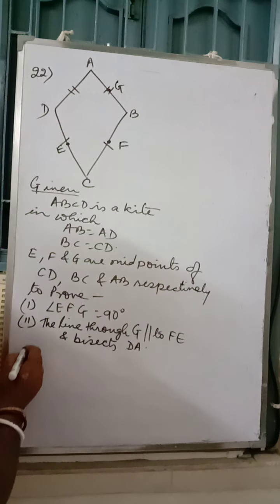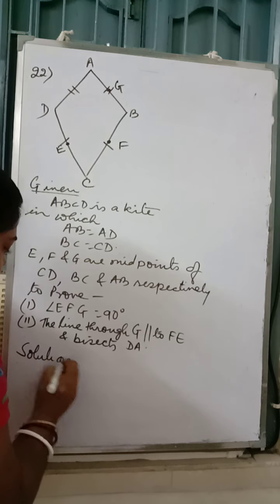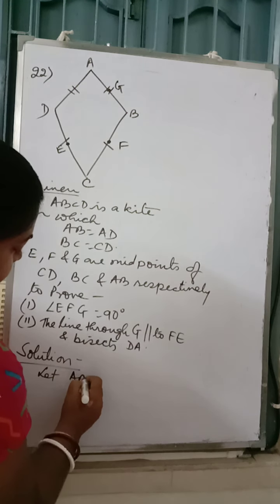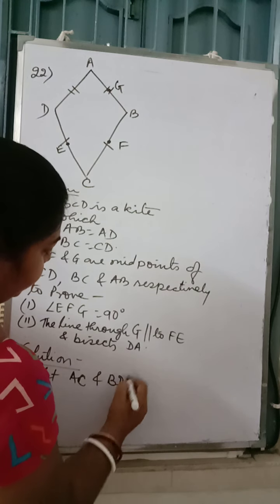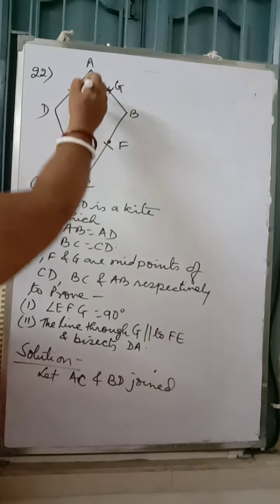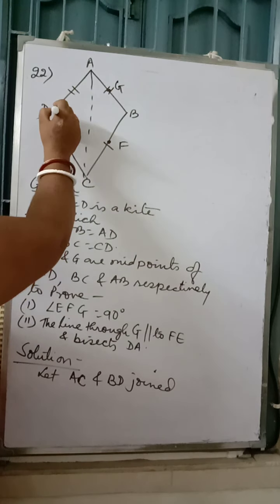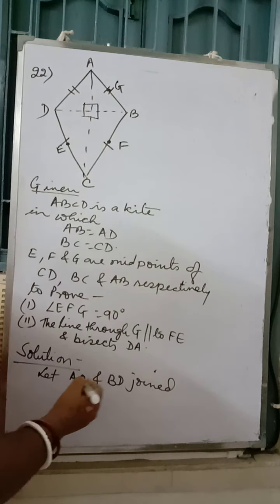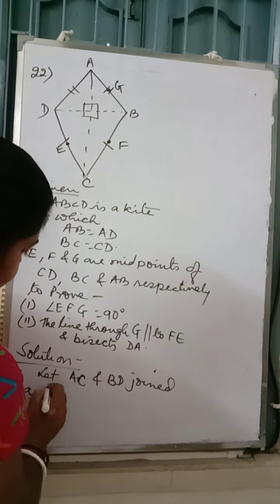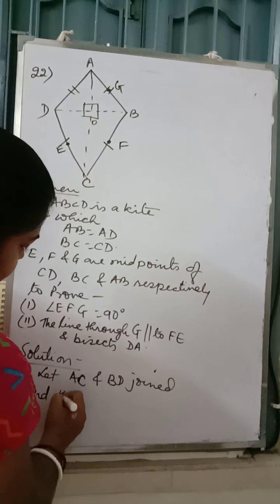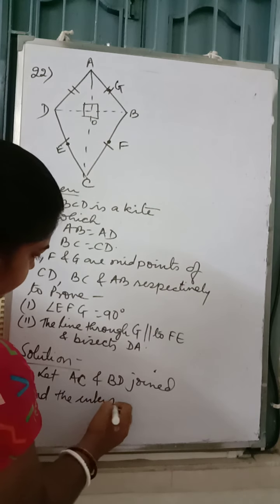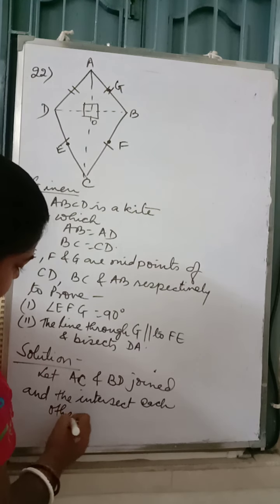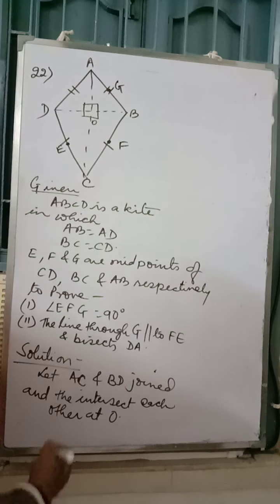Now the solution. Let AC and BD join. I am joining AC and BD and they intersect each other at O. So what do we know?